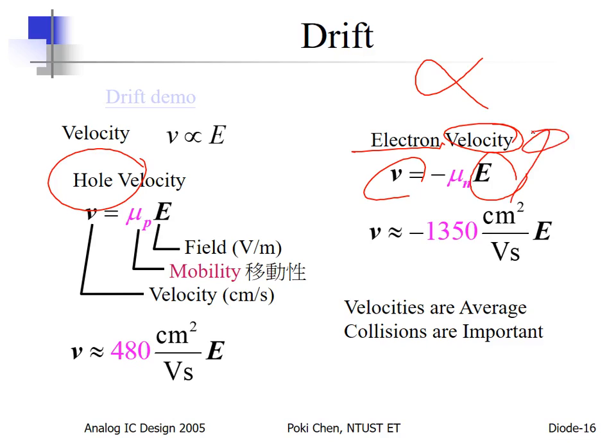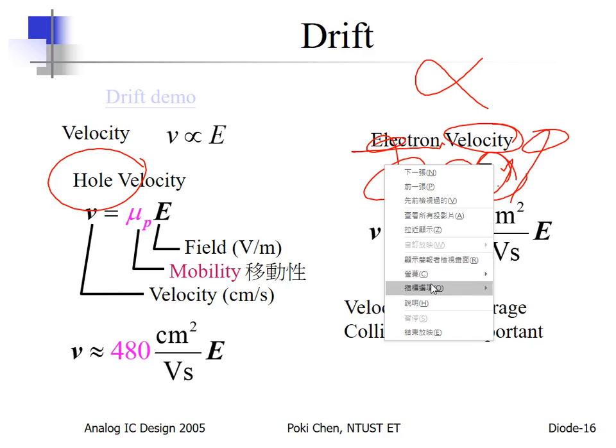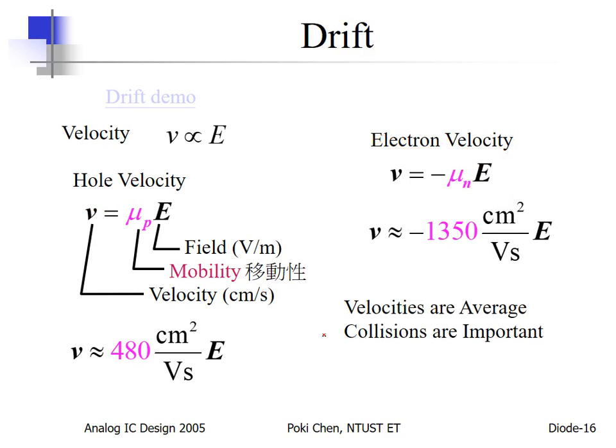The larger E means the larger v. But being proportional, you need a proportional constant, and this is even more important than the previous one: mu n, the mobility. This is the mobility of the negative electron.